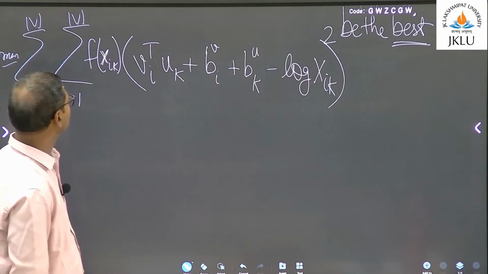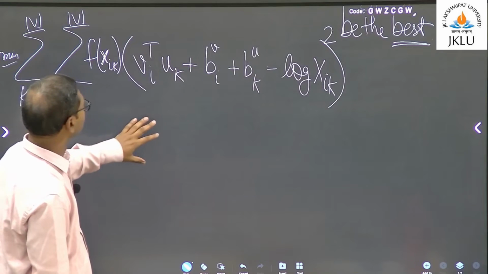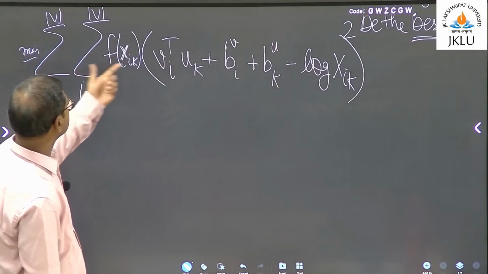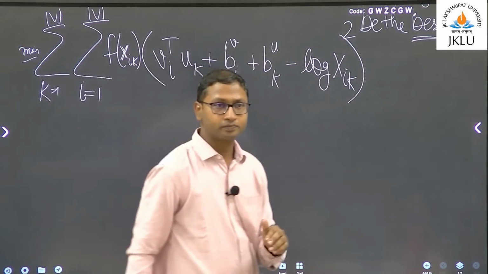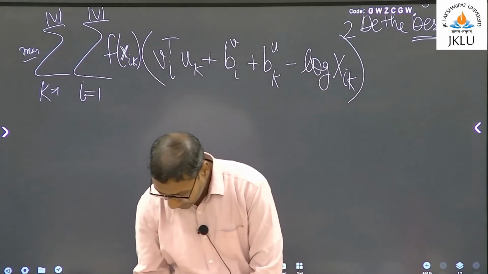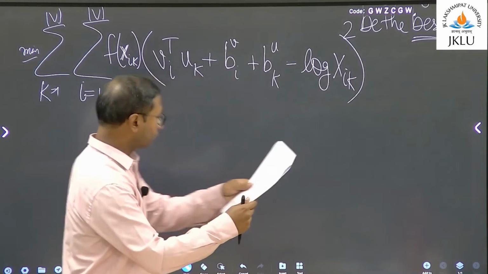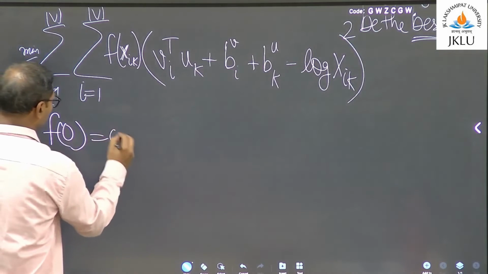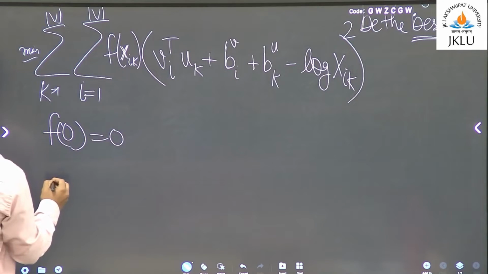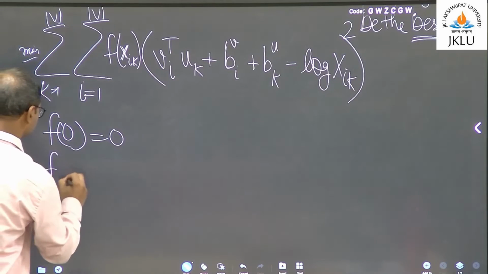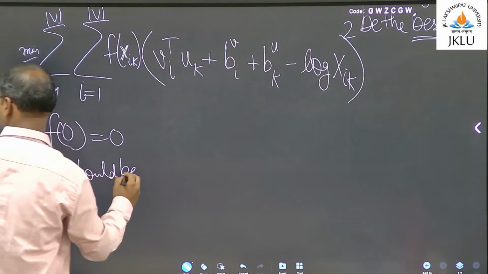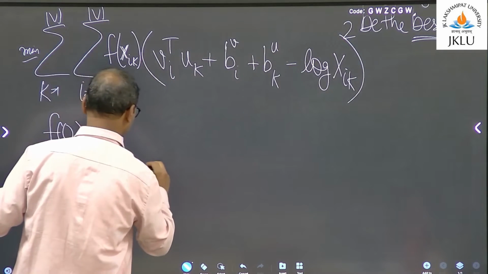All right. So what do we do next? What are the properties of this f? f of 0 should be 0. They also say f must be a continuous function, and f should be non-decreasing.